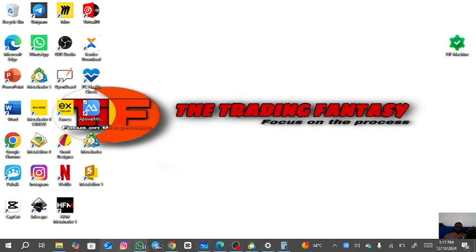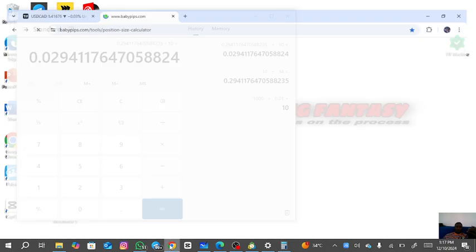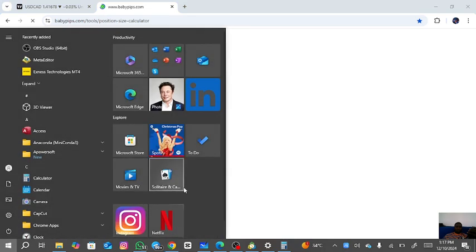So as you can see, that's the lot size you're going to use. I'm still trying to load this page up, but it's not loading right now. I think I might just use my phone. If it does not come up, I'm going to use another site.